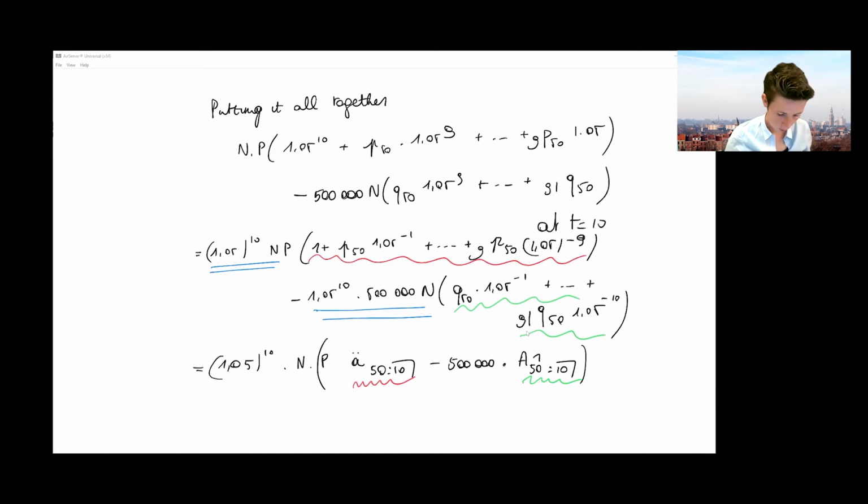And I know if I do the numerical calculation, because now I've got an interest rate, and I've got the P, which I already calculated in this exercise, I can calculate numerically the EPV of this 10-year life annuity, of this 10-year insurance product.